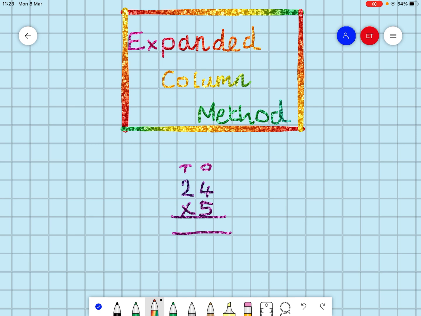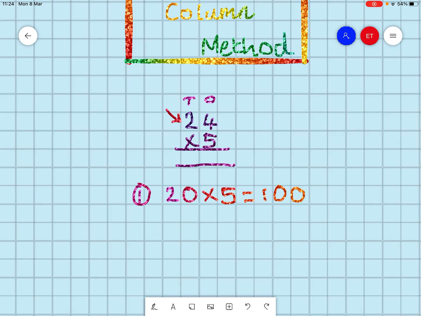The first thing I'm going to do is multiply the 10s. So our first step is 20, because remember that 2 there is in the 10s column, so it's 20 times 5. And 20 times 5, well, we know that 2 times 5 is 10, but it's 20 times 5, which means 10 times that amount, so 100. Or you could do 20 and 20 and 20 and 20 and 20, which equals 100. So 20 times 5 is 100.